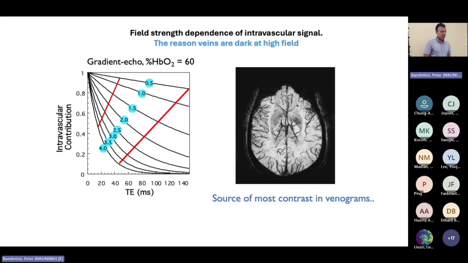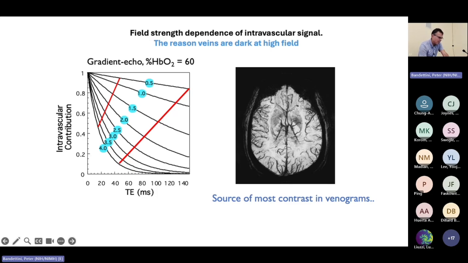And this illustrates one more way, just to get it through, and that is, this is a simulation based on the T2 star of blood as a function of field strength. And it turns out that the T2 star of blood relative to gray matter becomes more and more relative as a function of field strength.